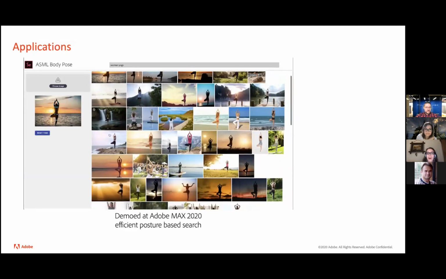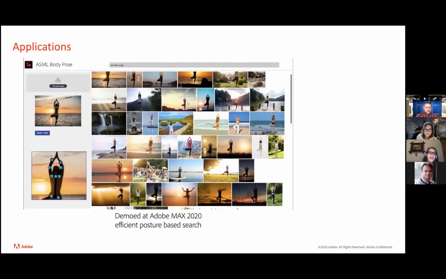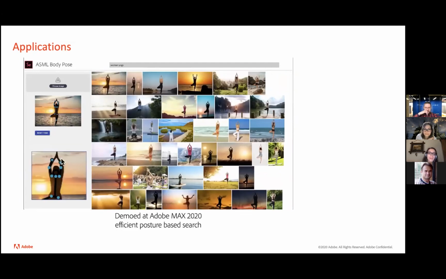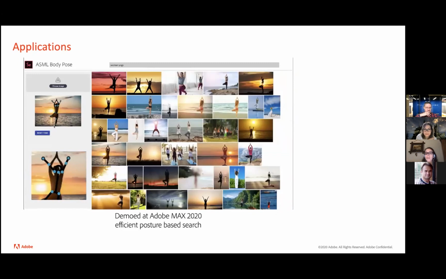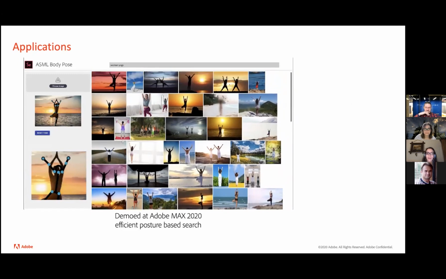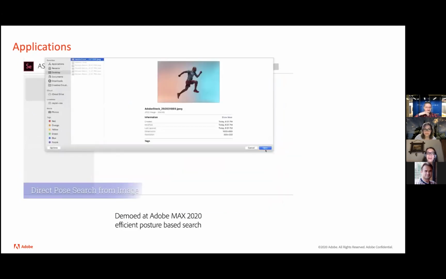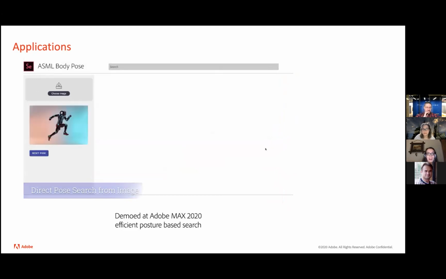Another application related to this is actually just looking at single poses. So let's say you have a huge image database such as Adobe Stock, and you want to search for some images where a human has a specific posture. And sometimes keywords may not be easy to describe the pose you are interested in. So we developed this demo where you can search based on the human pose itself.